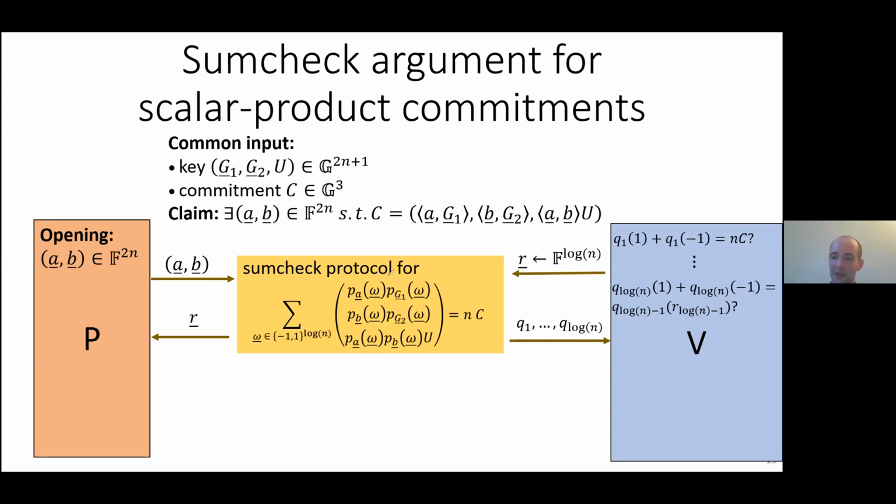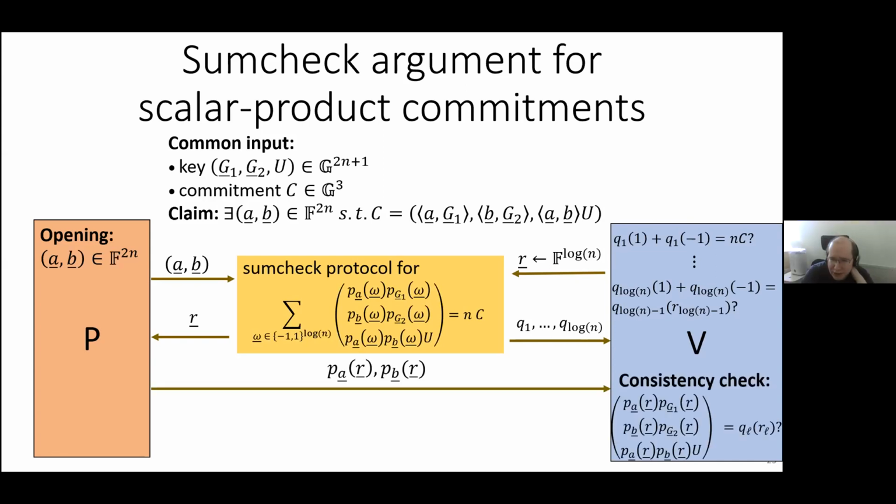The first component is a product of two multilinear polynomials and gives you a commitment to the left part of the message. The second component is for the right part of the message. And then the last component is for the scalar product of the two. So this is really similar to the sumcheck argument for Pedersen commitments, just with three different components.